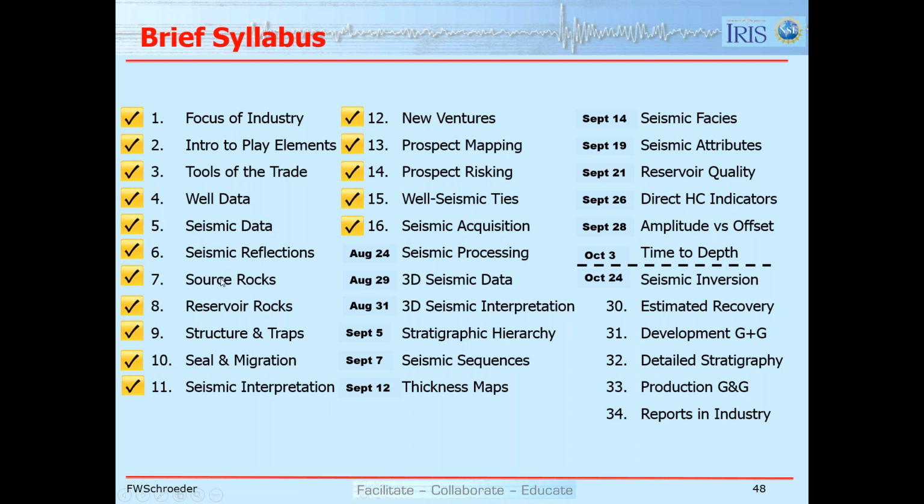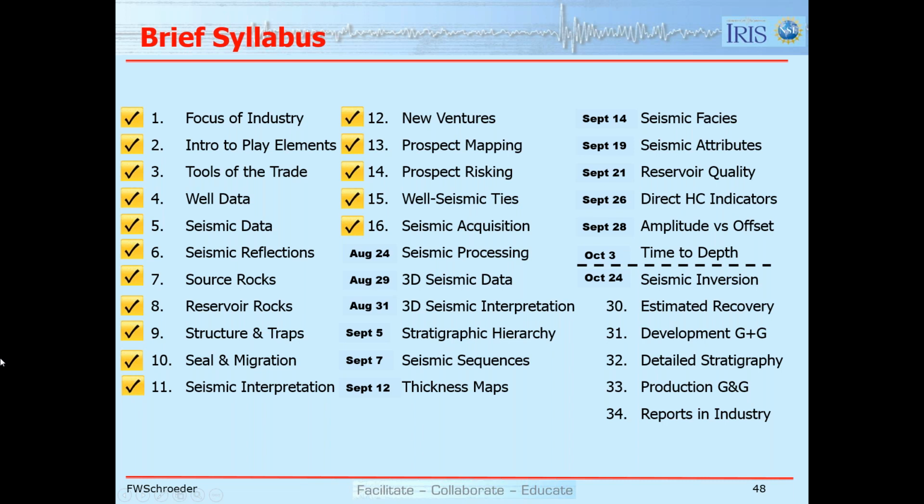That does limit both our vertical resolution and our lateral resolution. We'll talk Thursday about seismic migration. Seismic migration greatly enhances lateral resolution. And so typically with today's seismic at the depths that we're typically interested in, our lateral resolution can be on the order of about 25 meters.